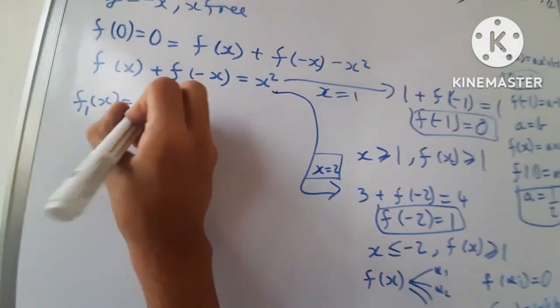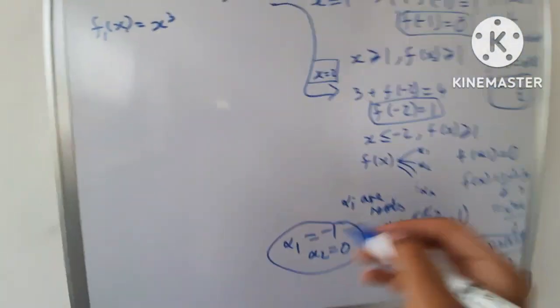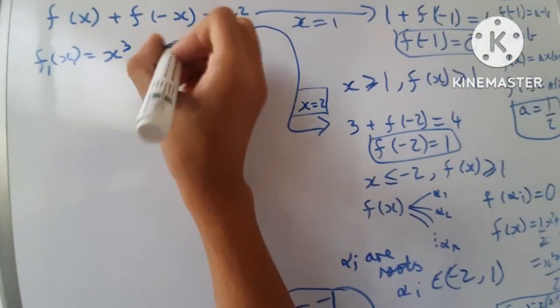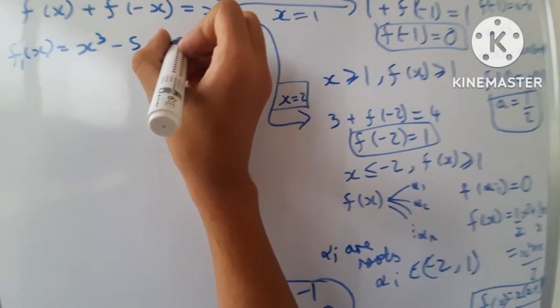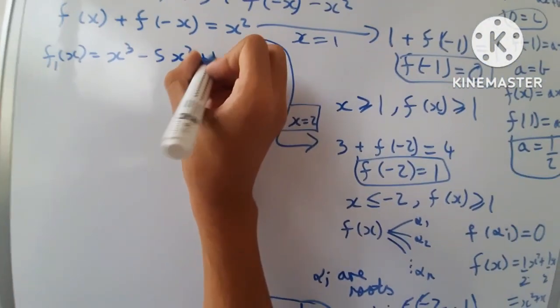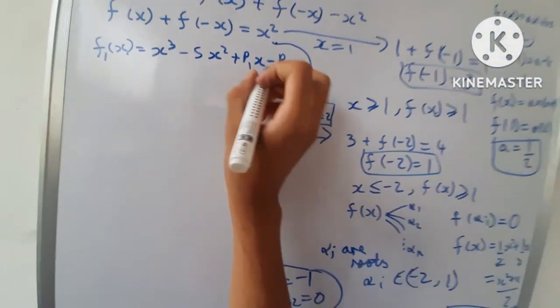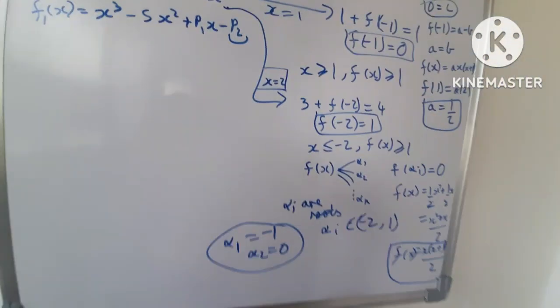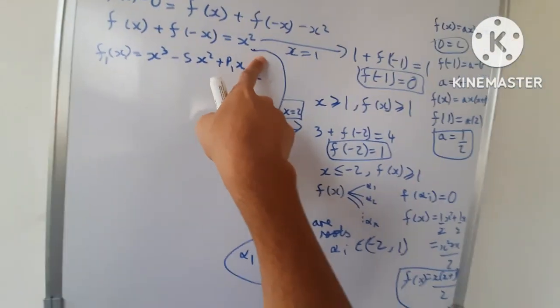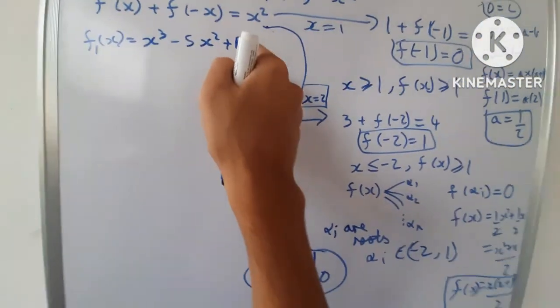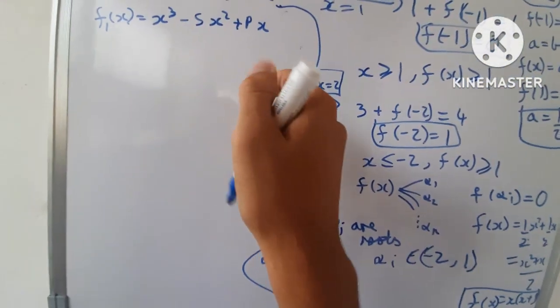Anyways, it's gonna be x cubed, then minus s x squared, I'm gonna call it that, plus p1x minus p2, right? So we just found out that this is going to be 0, so we don't need the indices for p at all in the first place.